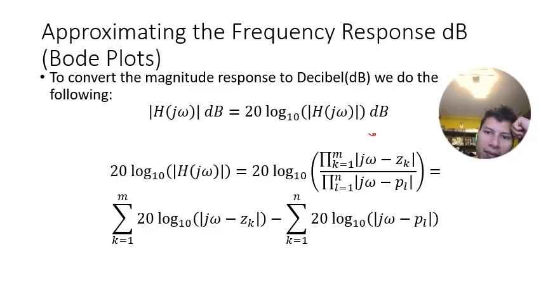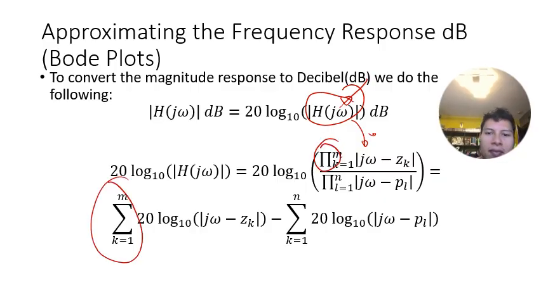the magnitude of the frequency response into a dB scale. So I just plug in my expression for the magnitude into this log, but do realize that there's this property of logs that it takes products and converts them to sums, and it takes division and converts it to subtraction.